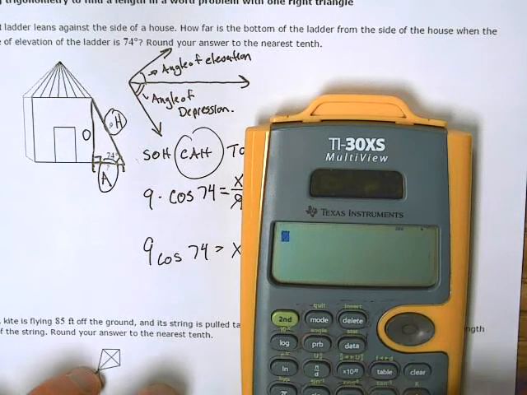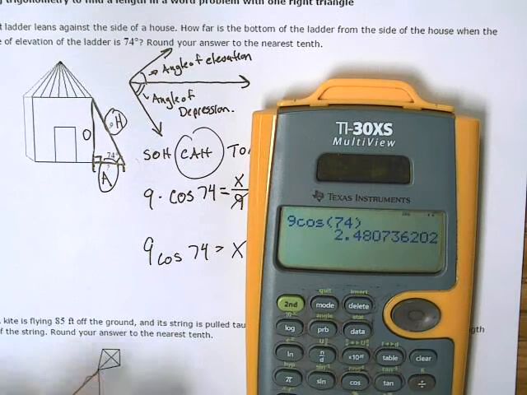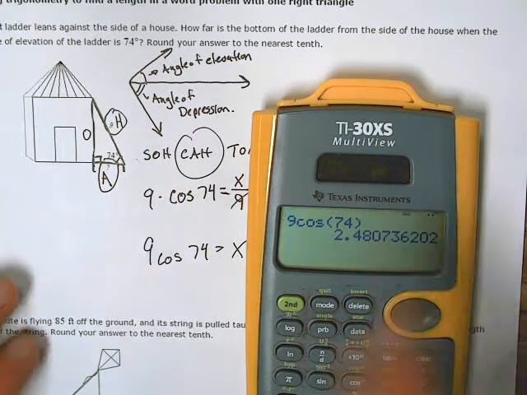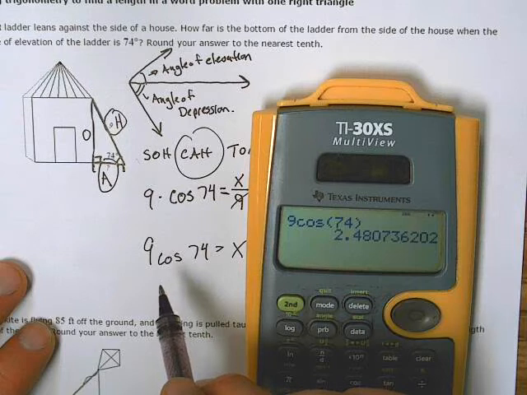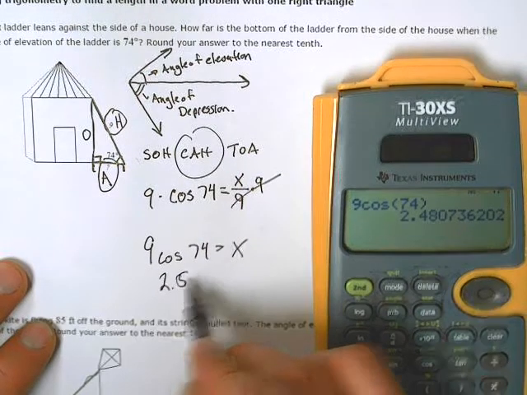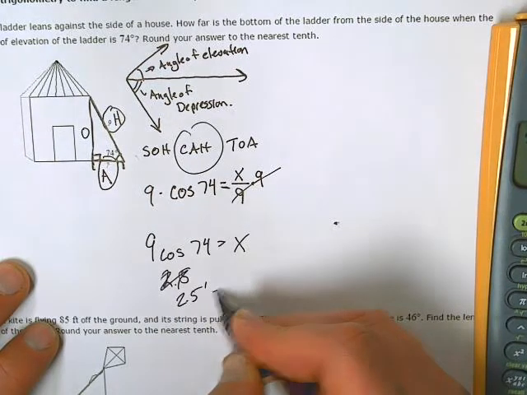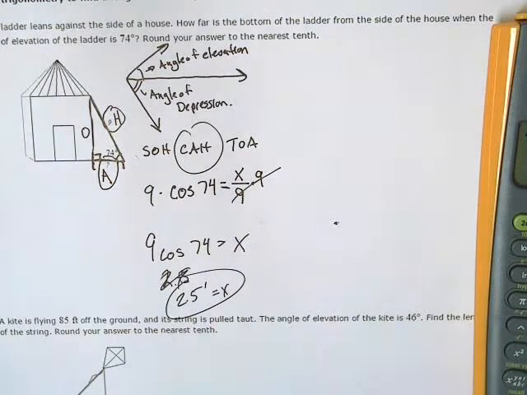I'm going to do 9 times cos 74, and it says round to the nearest tenth, so it'd be 2.5. I think the units are feet. Sorry about that. 2.5 feet is that distance.